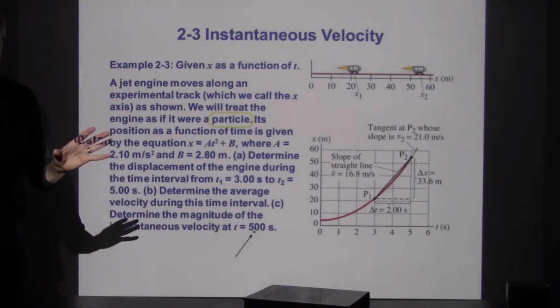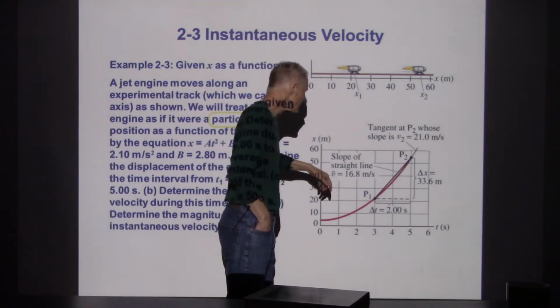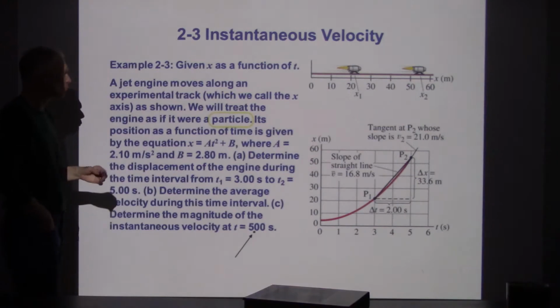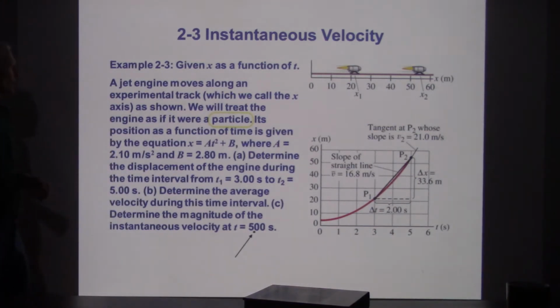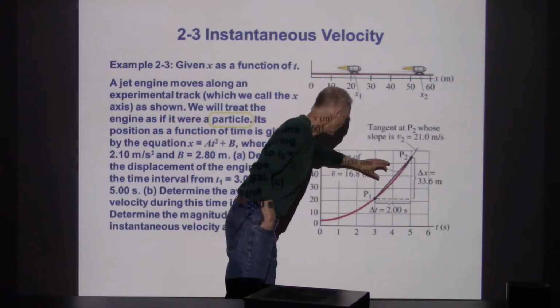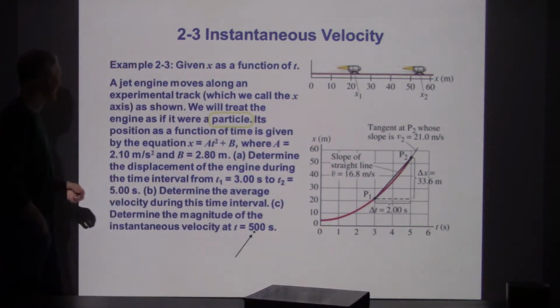So different axes. On this one, it's the slope that's going to give us the velocity. It's the same as the couple of diagrams we saw before, but it's not the velocity versus time graph. This is x versus t. And so if we can get slopes at different times, we can figure out what the velocity is at that instant.